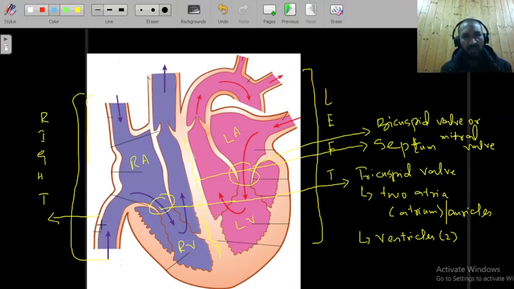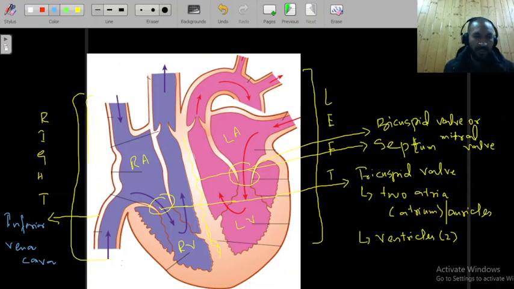It receives blood through large veins. So this vein, which brings blood from the lower part of your body, is the inferior vena cava, and the plural is cavae, venae cavae.